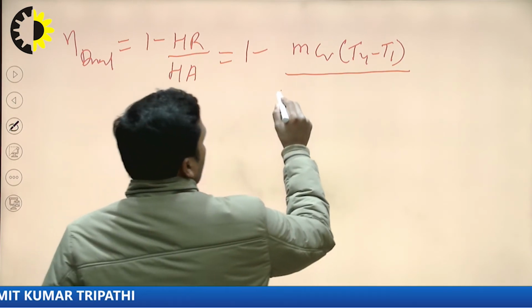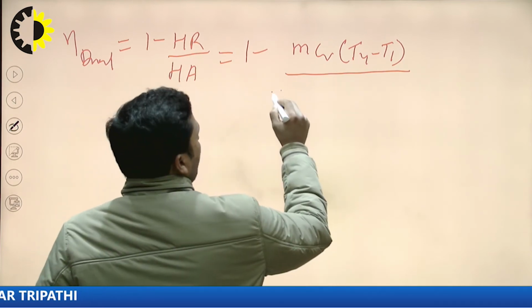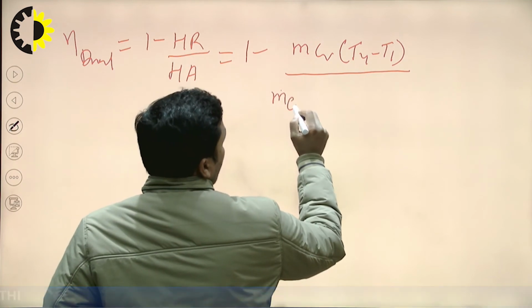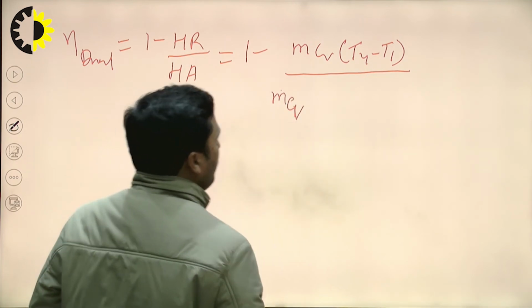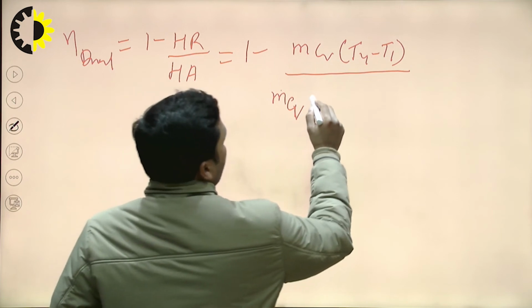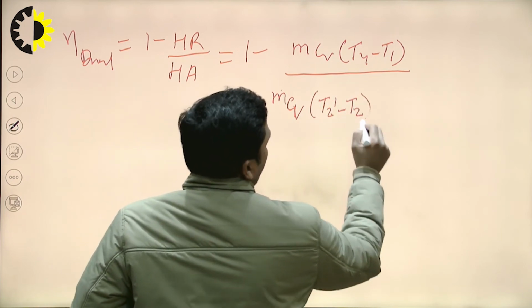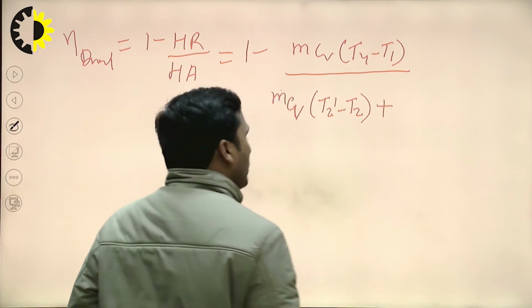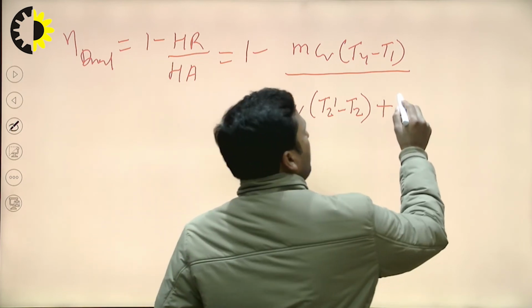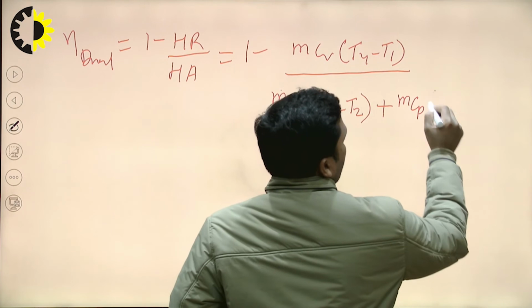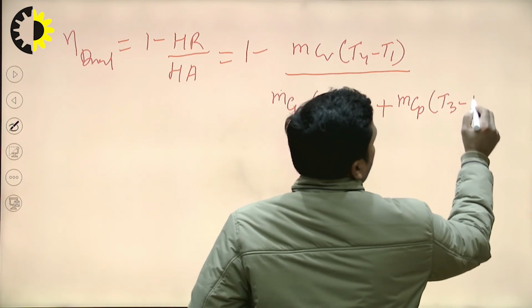Process 2 to 2 dash is a constant volume heat addition process, so heat addition will be m Cv (T2 dash minus T2), and process 2 dash to 3 is a constant pressure heat addition process, so heat addition will be m Cp (T3 minus T2 dash).